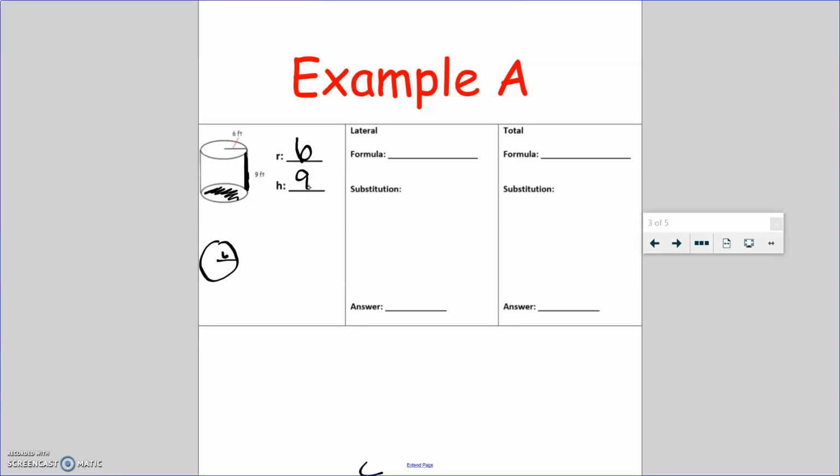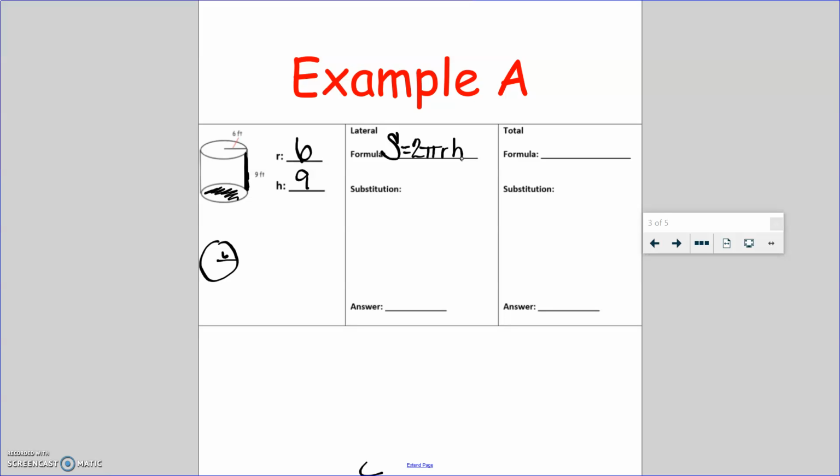Okay. So we have two formulas for surface area: your lateral surface area formula, and your total surface area formula. You can find these on your star chart. For lateral surface area of a cylinder, your formula is surface area is equal to 2 times pi times radius times height.